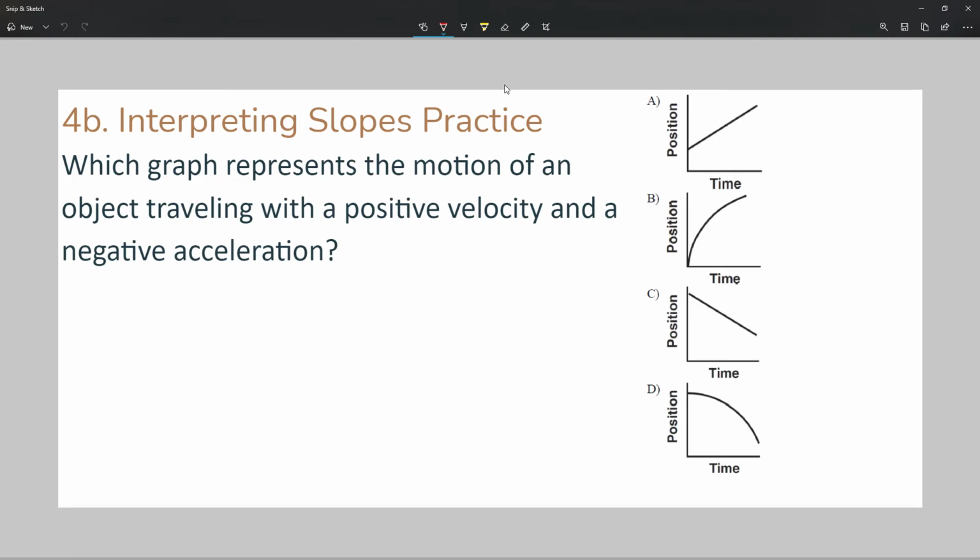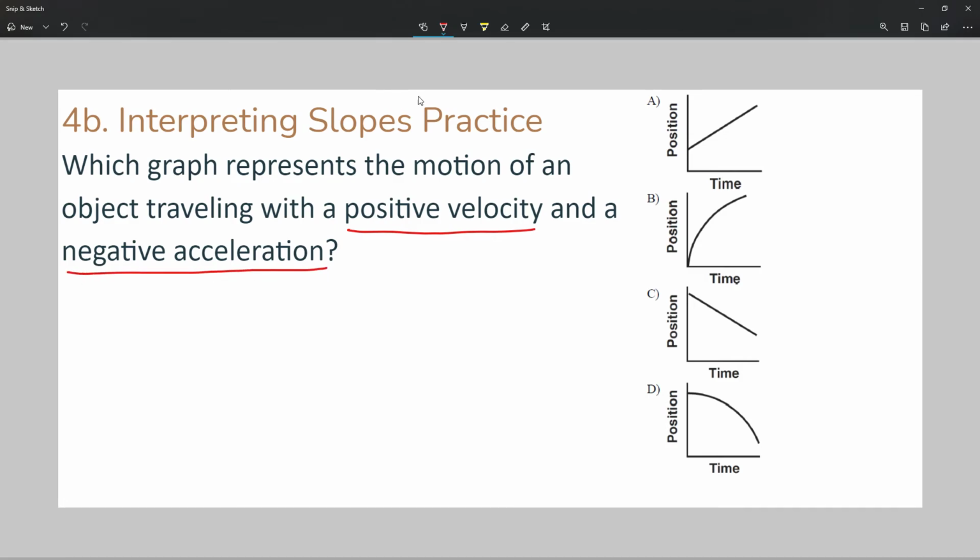So for B, which graph represents the motion of an object traveling at a positive velocity and a negative acceleration? So when you read this problem, you should really just kind of focus on two things, right? The object is moving with a positive velocity and a negative acceleration.